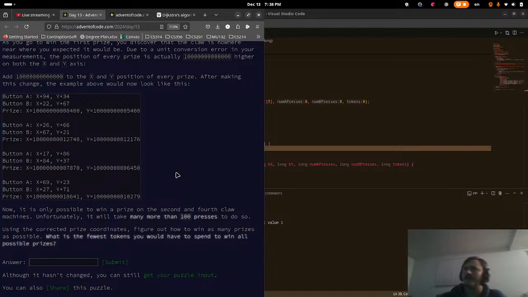If the deltas are the same, that's putting you straight on the diagonal. And if dx is greater than 0, then we say the score is delta x divided by the cost. Wait, why is the cost?